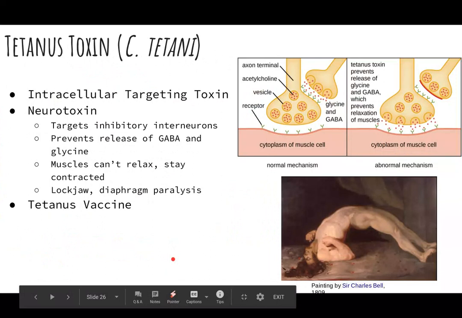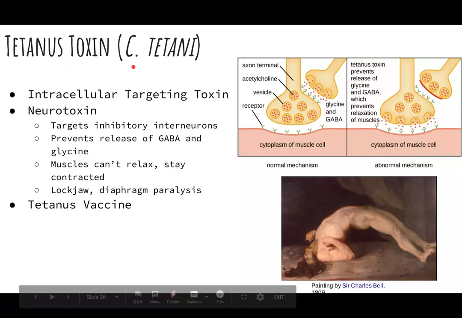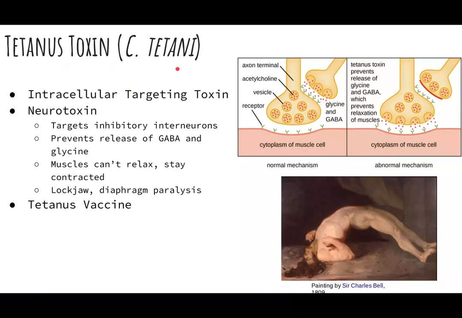Kind of the opposite of botulinum toxin is tetanus toxin, which is produced by another member of the genus Clostridium, Clostridium tetani. This is another intracellular targeting toxin that's a neurotoxin, but this is going to cause your muscles to contract.